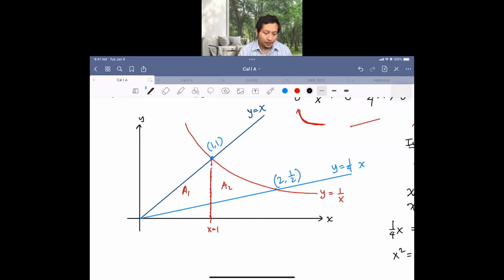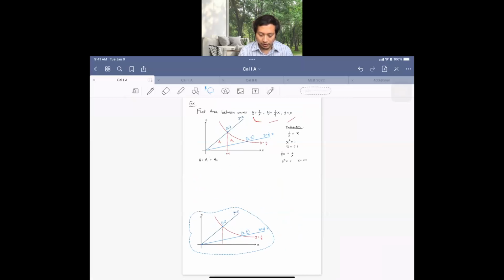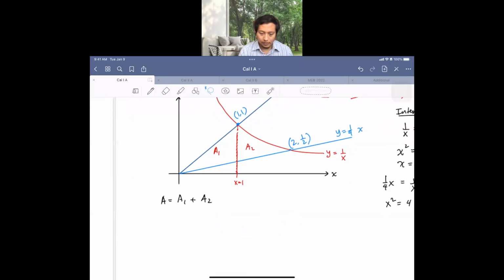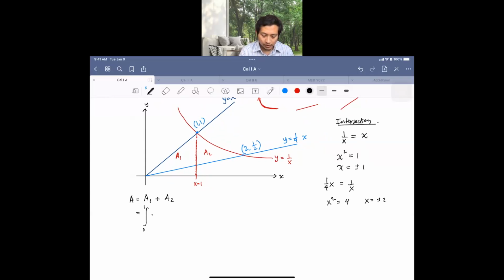So the area is A1 plus A2. Let me move around here. So A1 starts with integration from 0 to 1 of x minus 1 over 4 x dx.